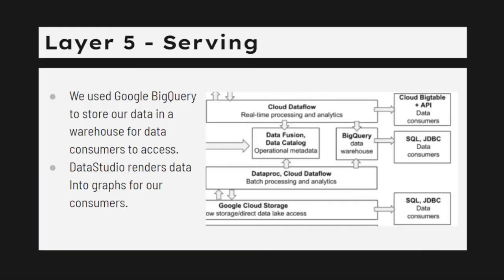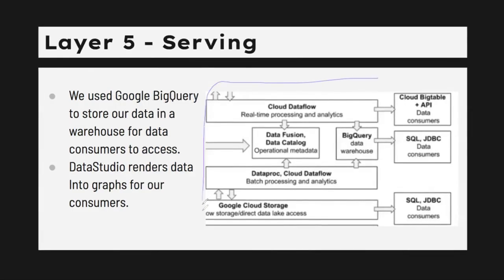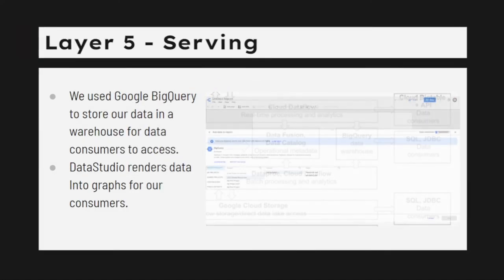Layer 5, Serving. As you can see from the picture itself, this part is considered as layer 5. So we used Google BigQuery to store our data in a warehouse for the data consumers to access. Data Studio renders the data for our consumers. It creates graphs that we can use to analyze the data.